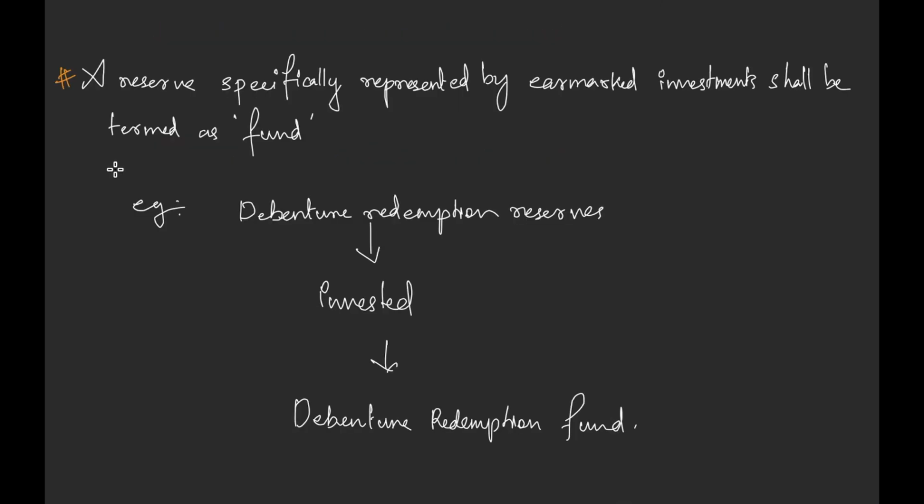And one last point: a reserve specifically represented by earmarked investments shall be termed as fund. That is, any reserve which has been invested in any securities or assets should be called a fund. For example, if debenture redemption reserve has been invested in securities, then it should be called debenture redemption fund. But still it will be shown under reserves and surplus in the name of debenture redemption fund.